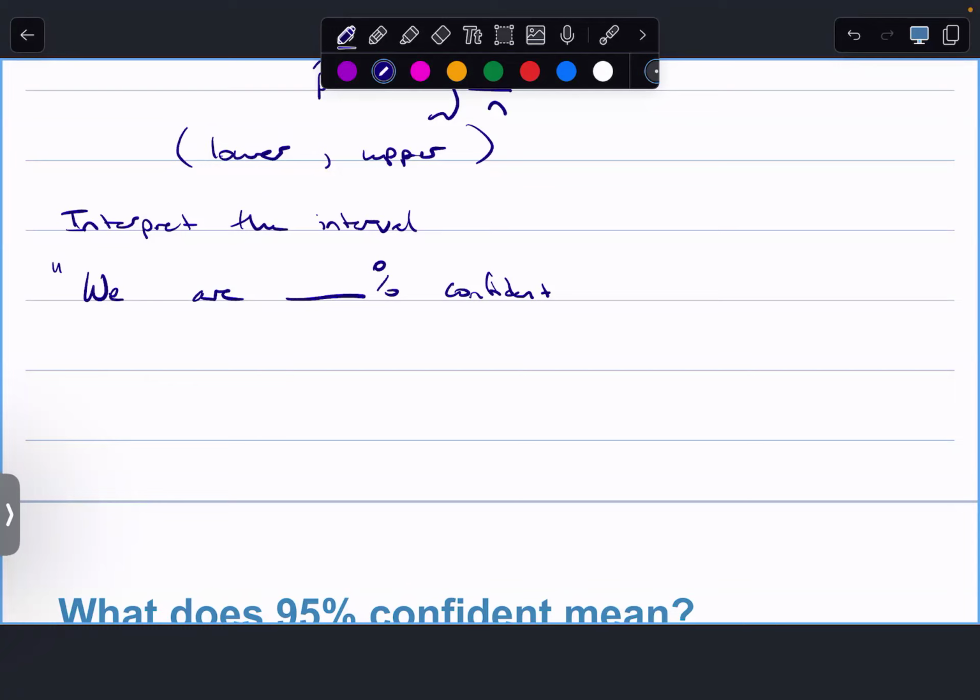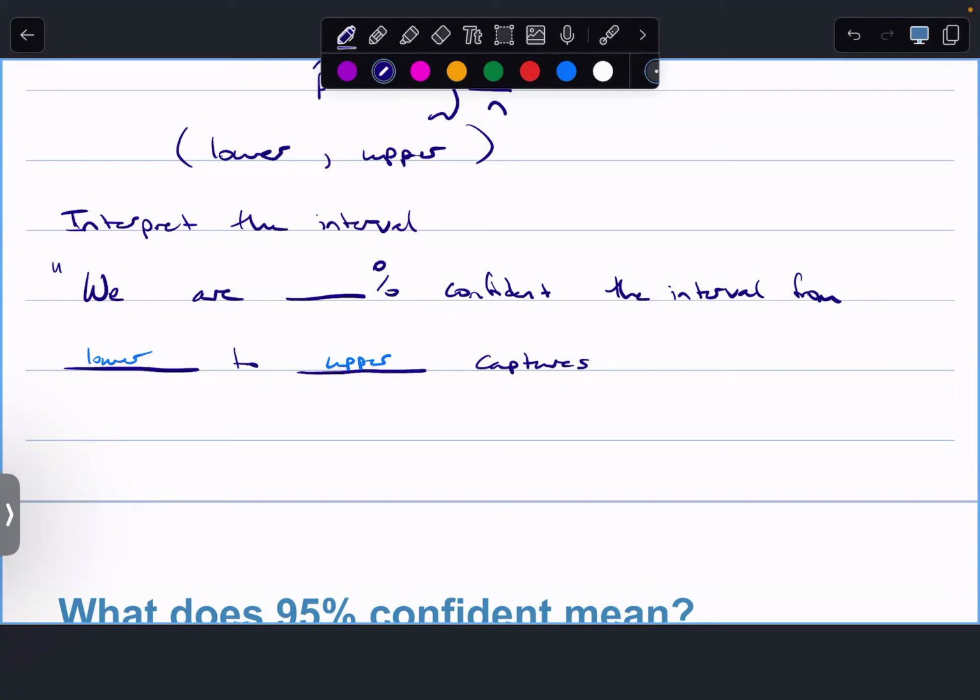And so whatever it is, the interval from blank to blank, which of course is your lower to your upper, captures. That's an important word, because there's this underlying idea that the population proportion, that's what we're trying to capture.